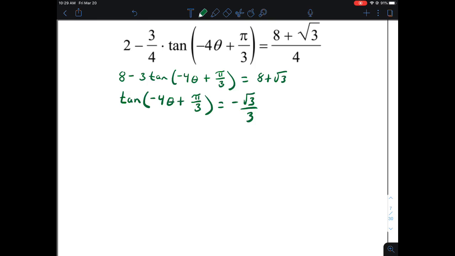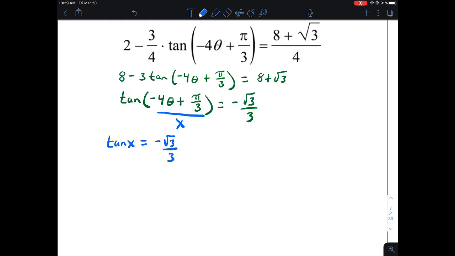And so at this stage, I'm going to think of this problem a little bit differently. I'm going to just say, all right, let's pretend the negative 4 theta plus pi over 3 is really just an x. So where on the unit circle does tangent equal the negative square root of 3 over 3?